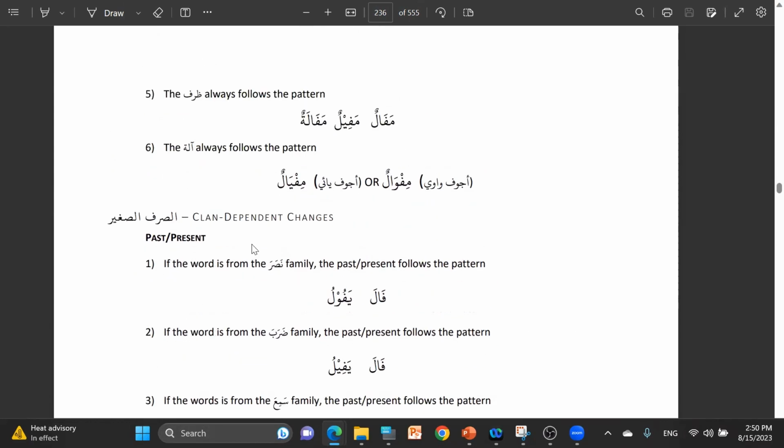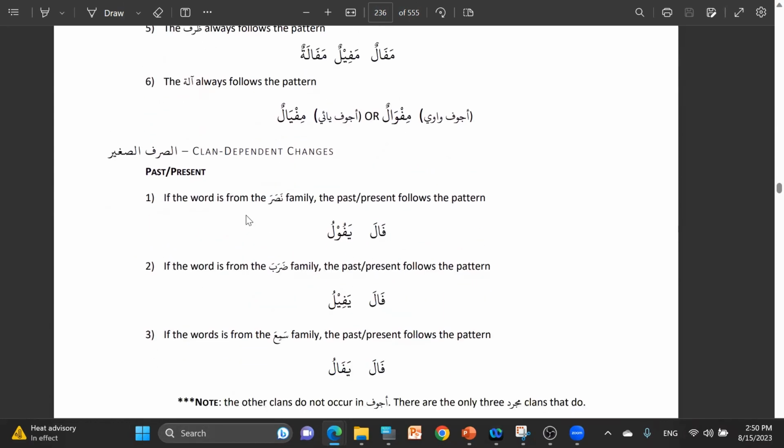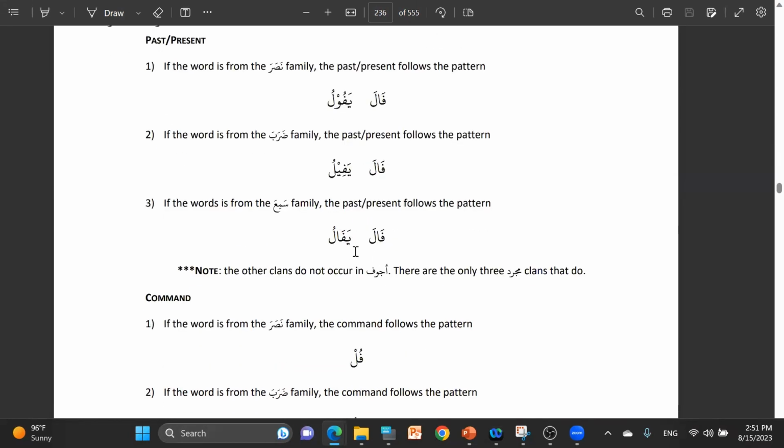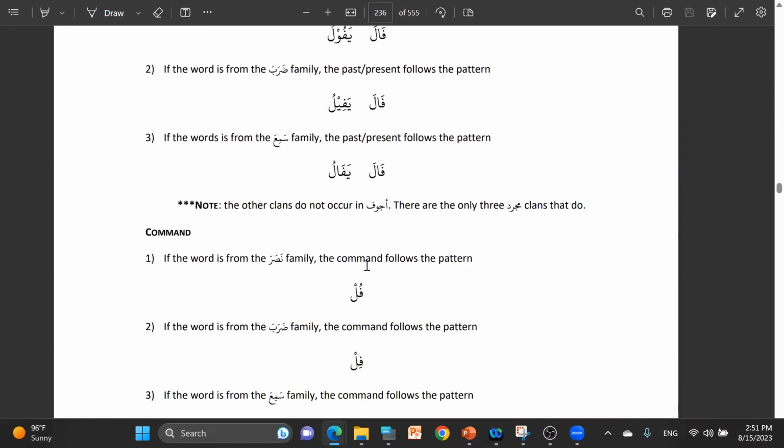And there are some bab-dependent changes for past and present tense. For nasara, it is qala yaqulu, the pattern fala yafulu. For daraba, fala yafilu, ba'a yabiyu. And for sami'a, it is fala yafalu, nala yanalu. And the command for nasara is on the pattern of ful, qul.